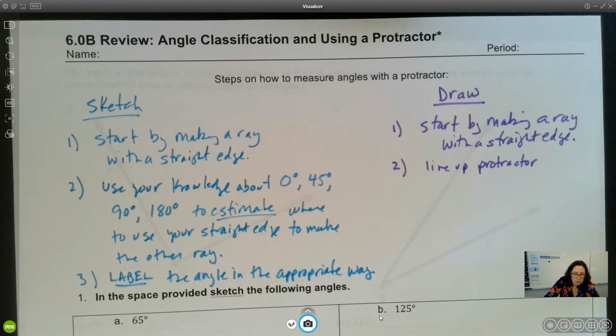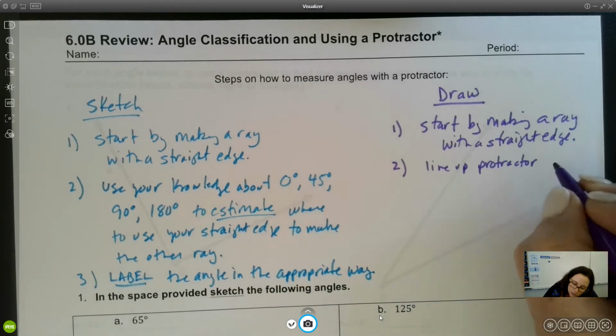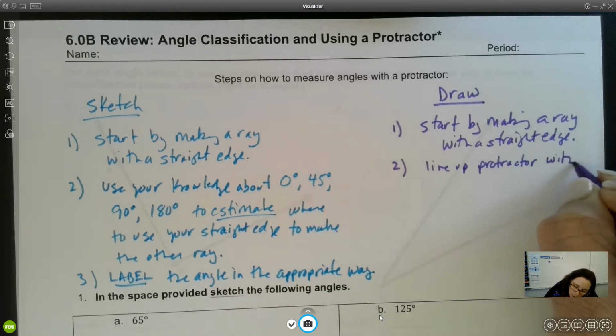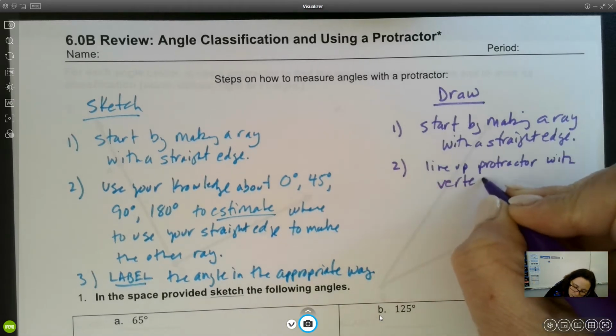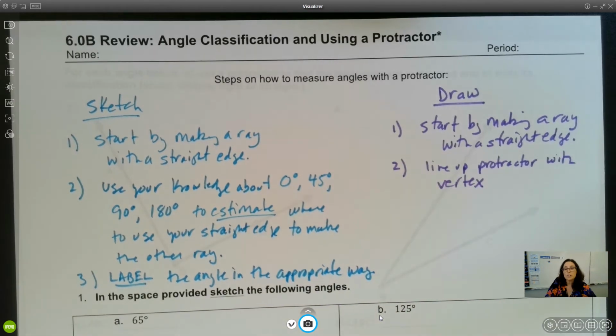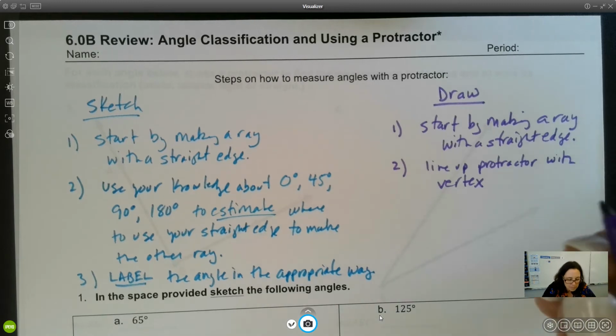So you're going to line up the protractor with the vertex. You should understand what a vertex is. I'll make sure you are pointed to what that is when we actually do number 2. The vertex is where the 2 rays come together at that point where they touch to make the angle. That's the vertex.